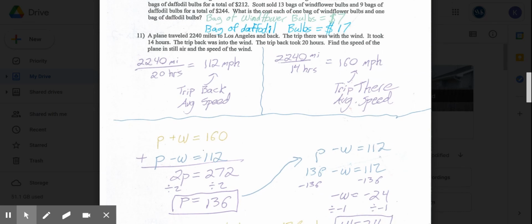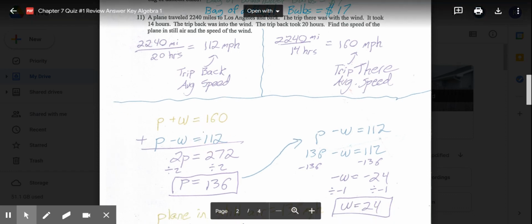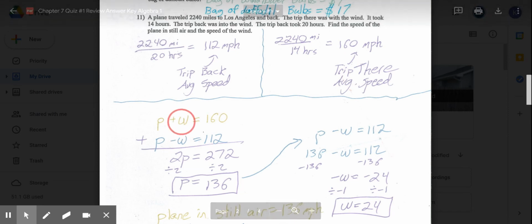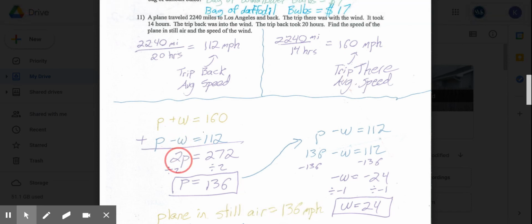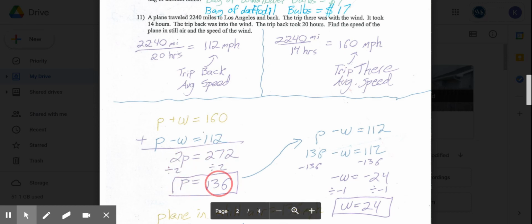For the trip back, it'd be the plane speed minus the wind speed, because the wind was against them, equals 112. In this case, it's already set up so I could use a combination because my w's would cancel. So I'd end up with 2p equals 272, divide by 2, and the plane speed in still air is 136 miles per hour.